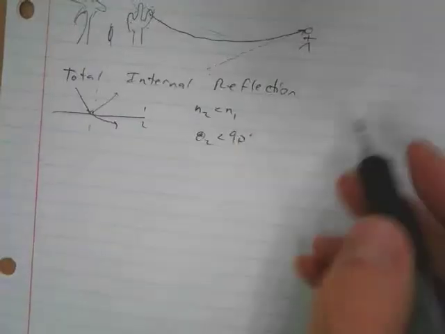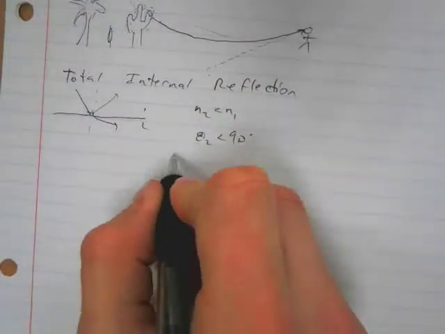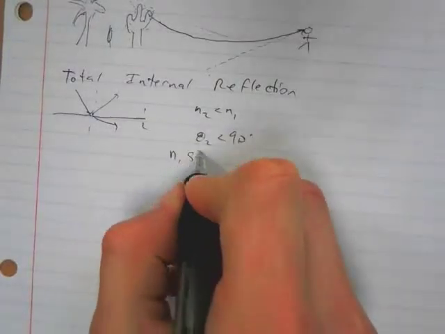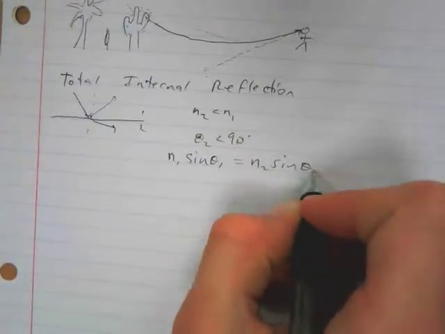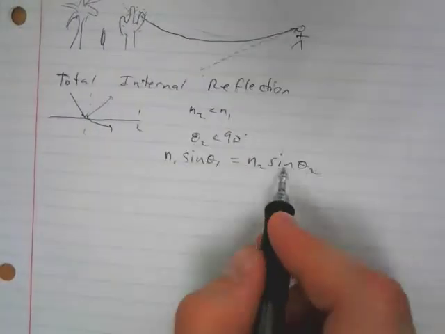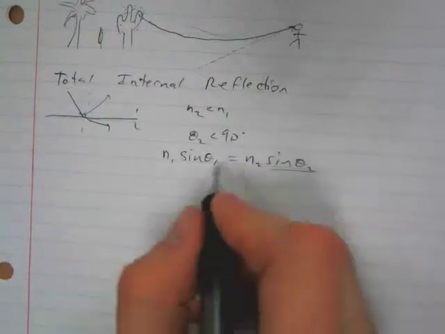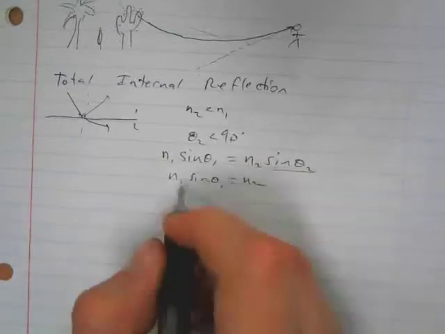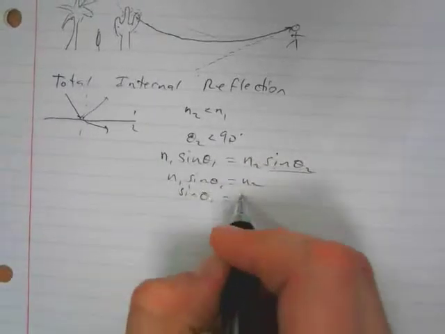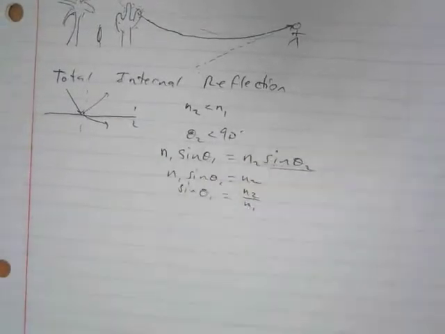So if we establish that cap, we can say n1 sine theta 1 equals n2 sine theta 2. Well, if theta 2 is a max of 90, sine theta 2 has a max of 1. So n1 sine theta 1 equals n2, so sine theta 1 equals n2 over n1, applying Snell's law.